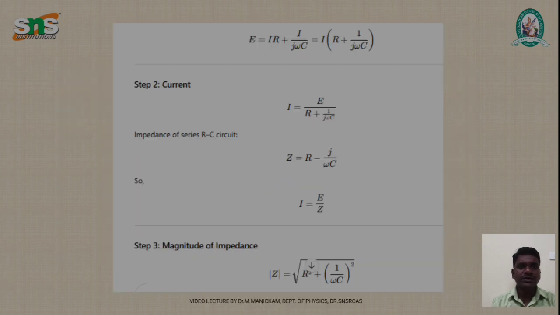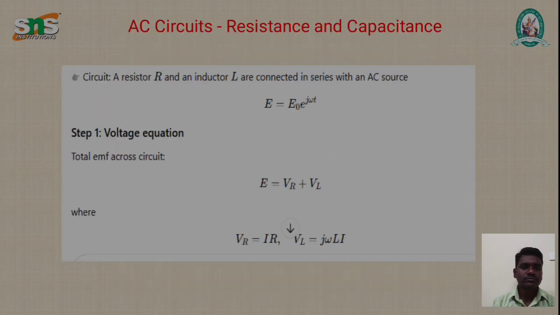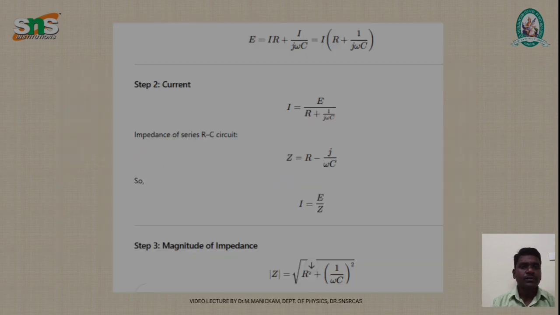Adding both values, E is equal to IR plus I divided by j omega C, so we get I into R plus 1 by j omega C. So this is the voltage equation: E is equal to I into R plus 1 divided by j omega C.